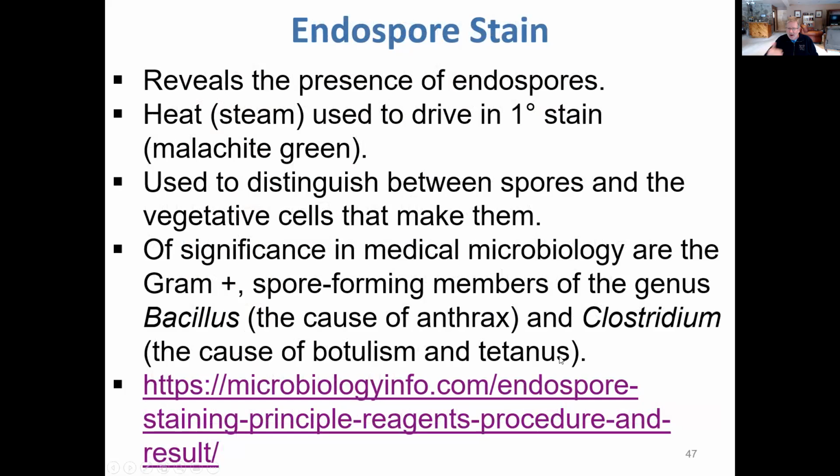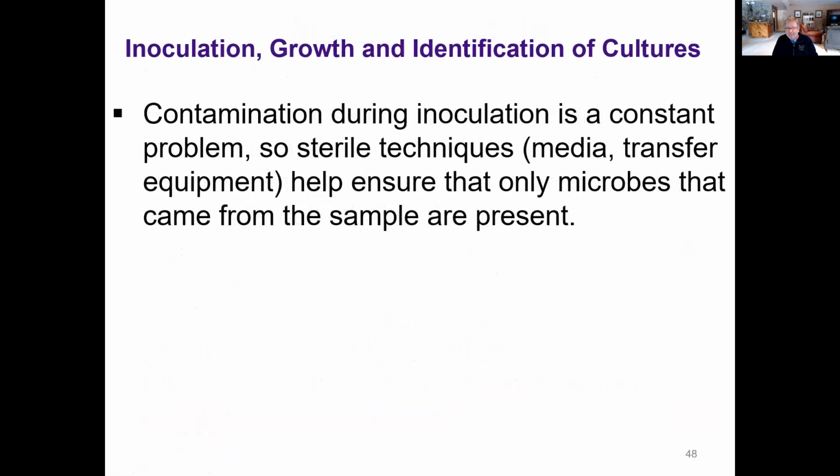It can ride out harsh conditions by forming endospores. But we're going to be using bacillus in lab and looking for endospore formation in bacillus. And here's another link again that talks a little bit about that endospore stain. So more on that coming up in lab in several weeks.